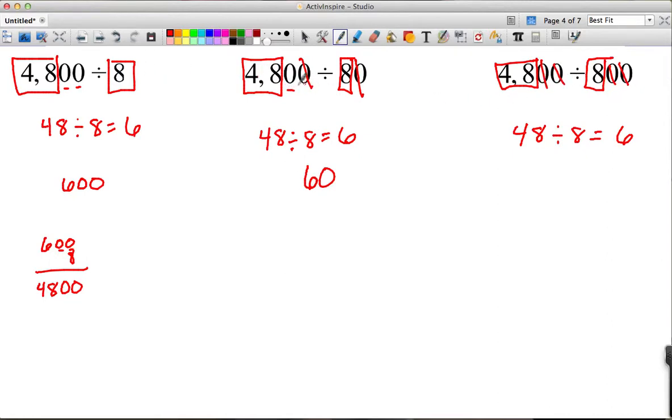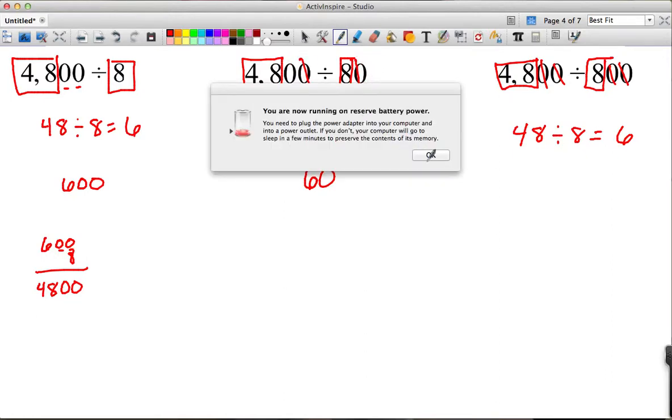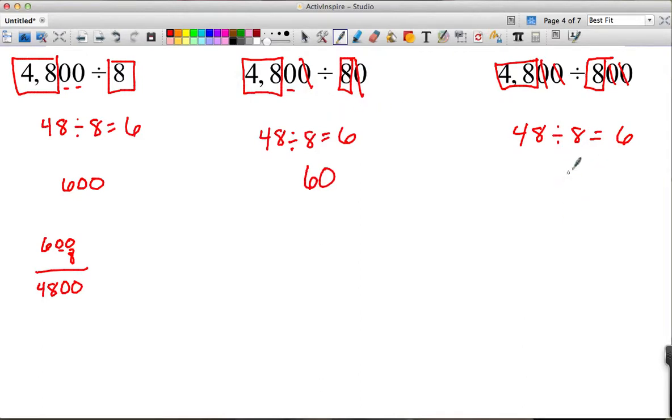They don't cancel each other out on this side. It has to be however many are on this side of the division symbol and how many are on this side of the division symbol can cancel each other out. So in this case, my answer actually is 6. And you'll notice that my number of zeros went down as my number of zeros on this side of the division symbol went up.